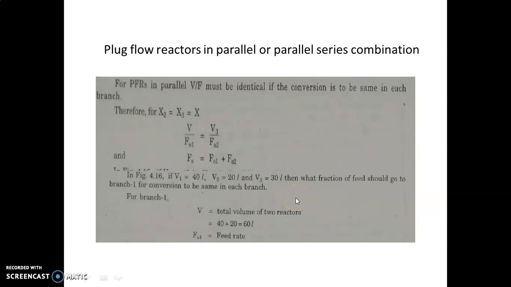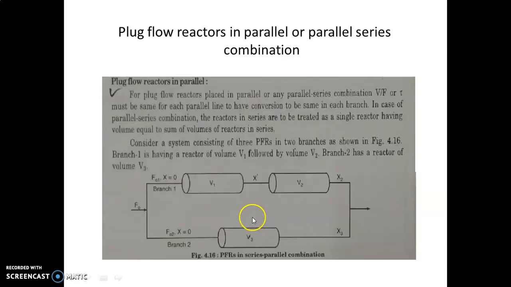So here we have to calculate the fraction of feed that should go to branch 1. That means the value of F01, because this feed is distributed between branch 1 and branch 2.